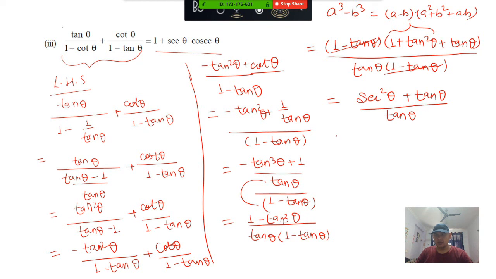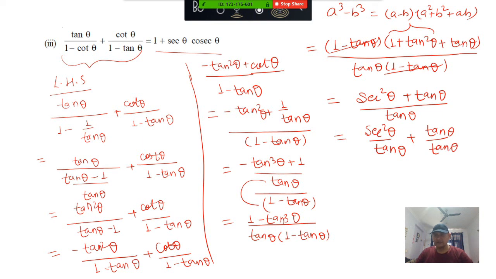Correct? So now we will just separate the terms, because right now tan theta is the common denominator. If we separate the terms, it becomes sec square theta upon tan theta plus tan theta upon tan theta, right?